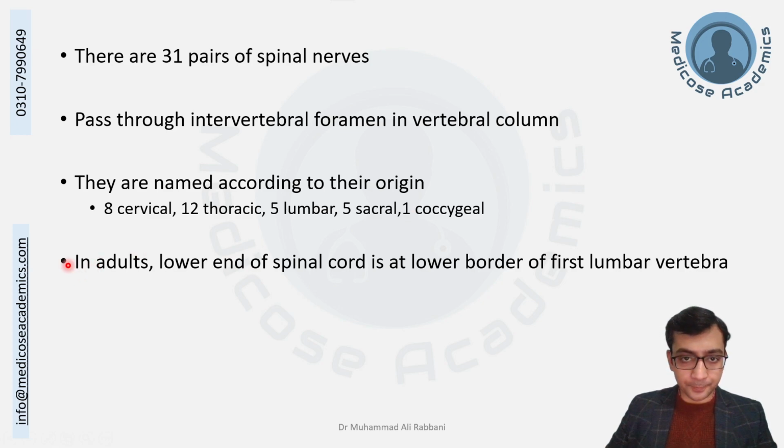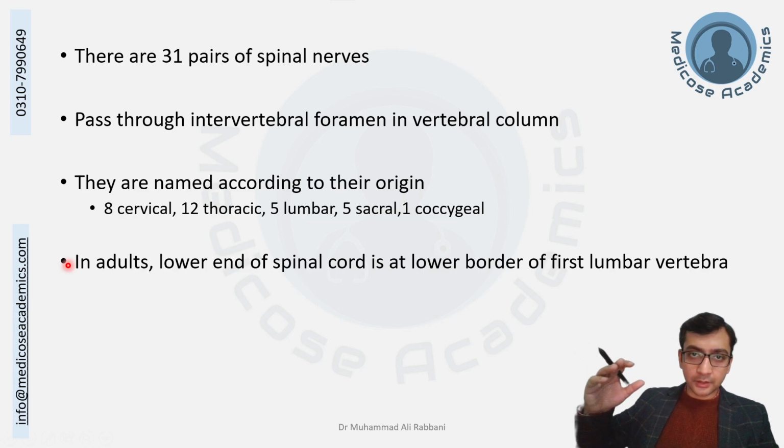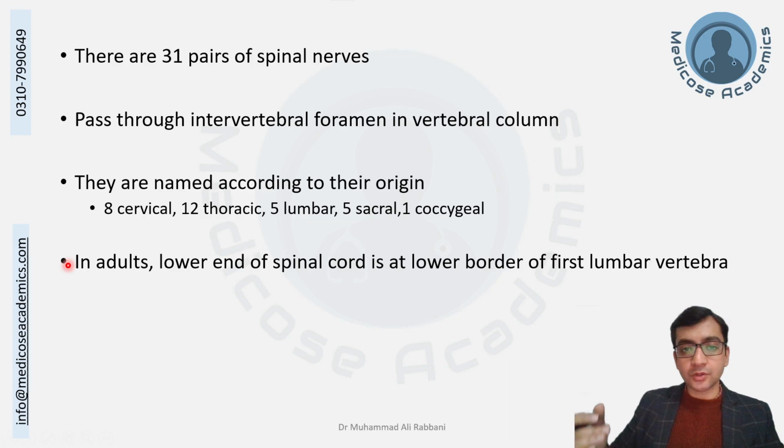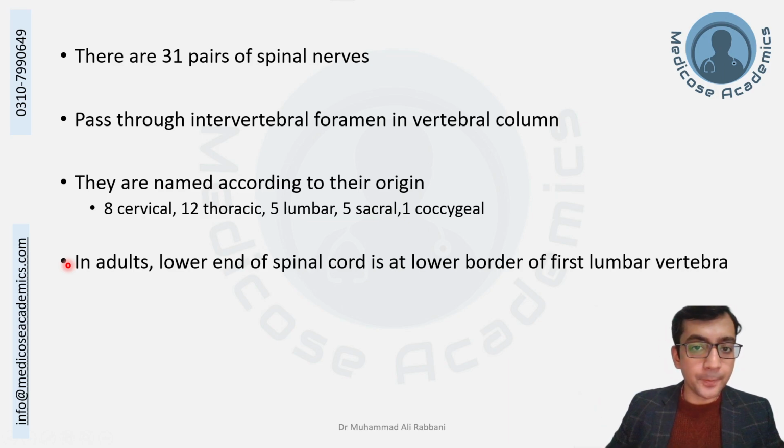Here is an interesting thing. The vertebral column, the bony skeleton, goes all the way down to the tailbone. That is the tip. You can feel it on your back. However, the spinal cord does not go all the way to the lower border of the coccyx bone. It ends at the lower border of the first lumbar vertebra.